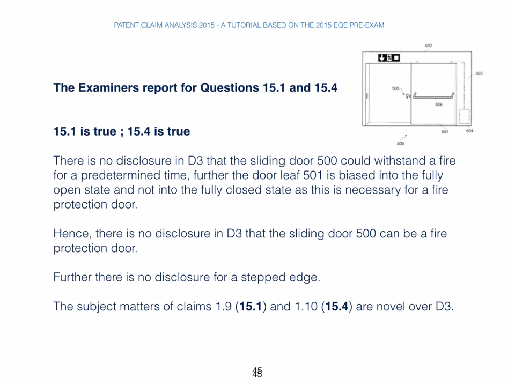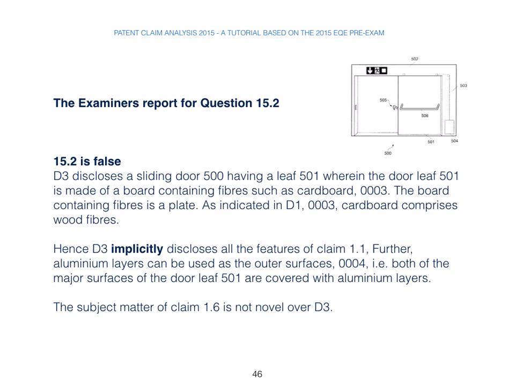Next, the examiner's report for 15.2. 15.2 is false, said the examiners. D3 discloses a sliding door 500 having a leaf 501 wherein the door leaf 501 is made of a board containing fibers such as cardboard, paragraph 3. The board containing fibers is a plate.